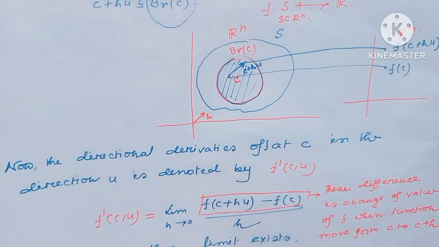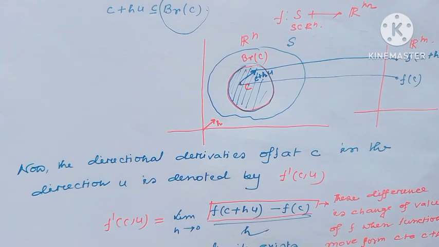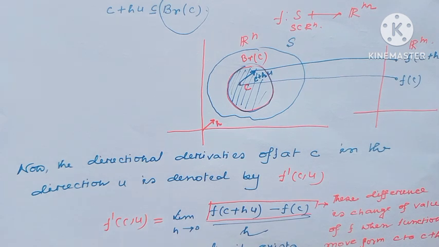Now the directional derivative of f in the direction u is denoted f'(c; u), and f'(c; u) equals the limit as h tends to 0 of [f(c plus h u) minus f(c)] divided by h.